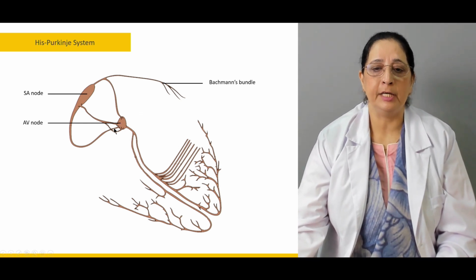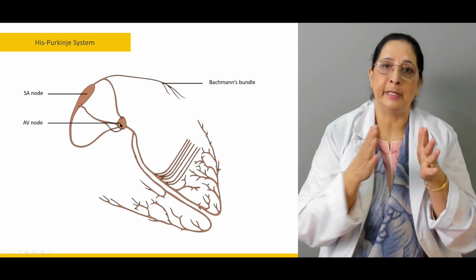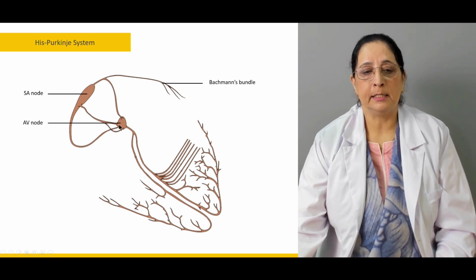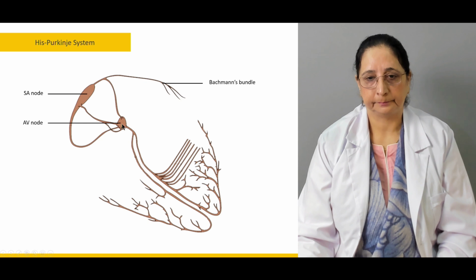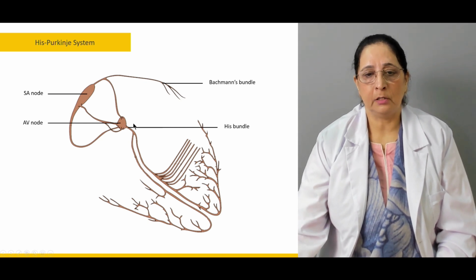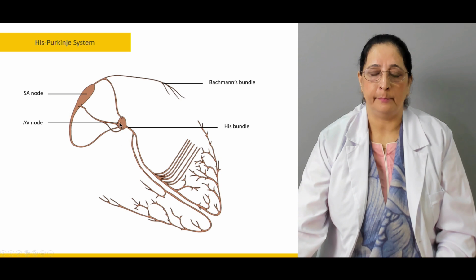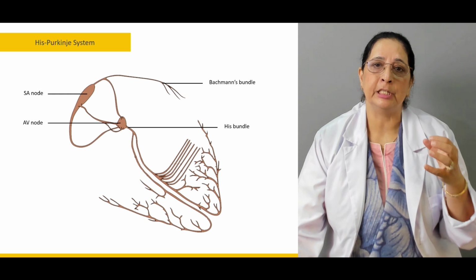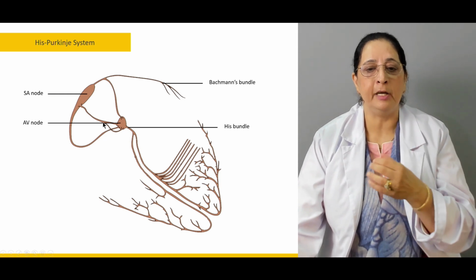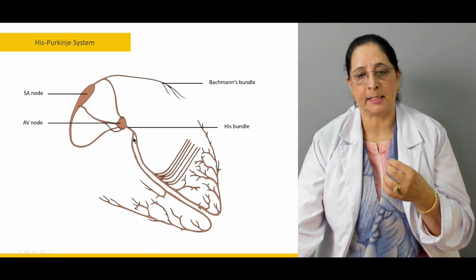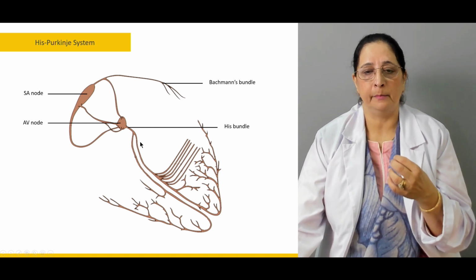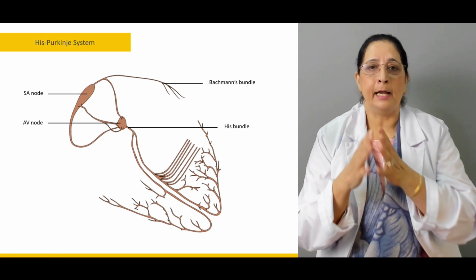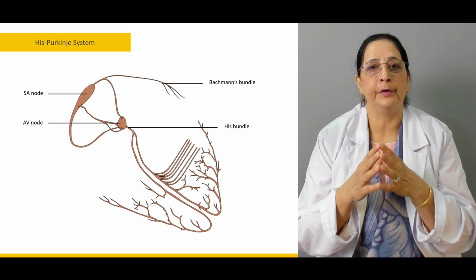This is the AV node, and as the name shows, it's between the atrium and the ventricle. And this is also the bundle of His. So from the SA node, the impulse which is generated goes to the AV node and the bundle of His, and this bundle of His divides into the right bundle branch and the left bundle branch, and this gives rise to the Purkinje fibers.